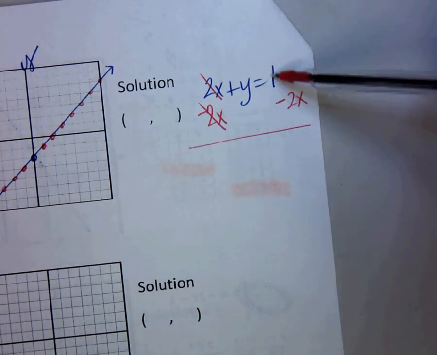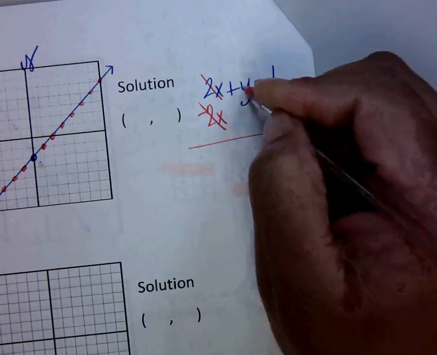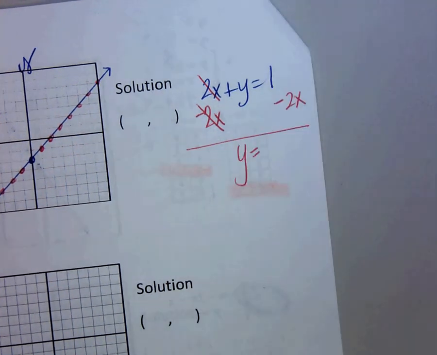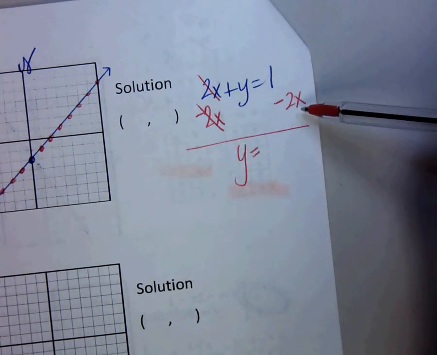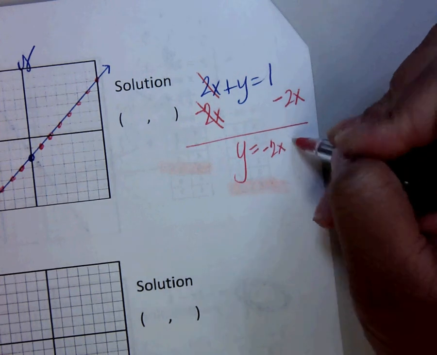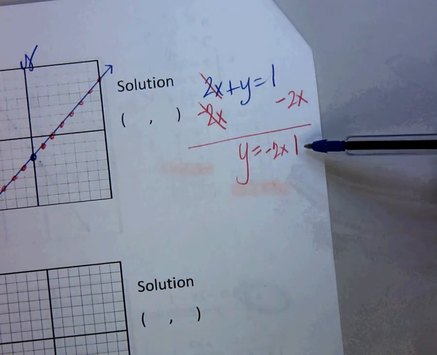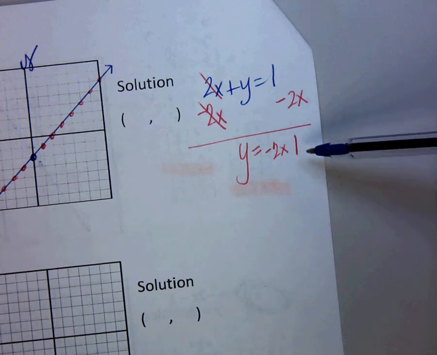Are we subtracting and making this -1? No, we're not. We're keeping them separate. So y equals, am I going to write the 1 first, or am I going to write -2x first? -2x, because I want my mx first. Now, do I just write a 1? Why not? I need to write a sign. Do I write plus because it's mx plus b?